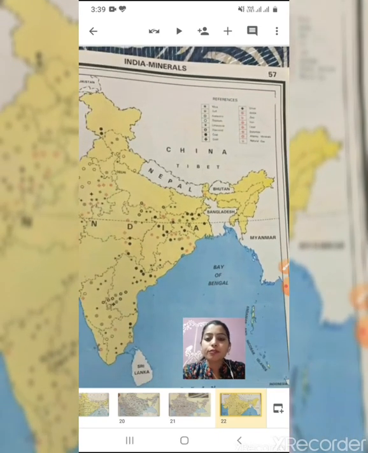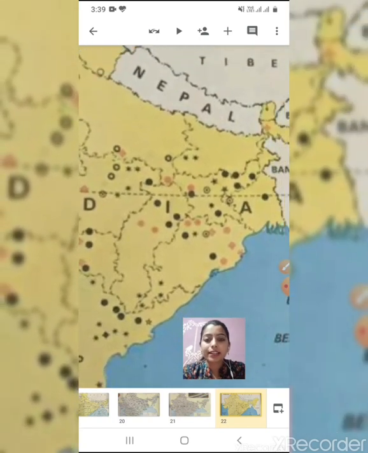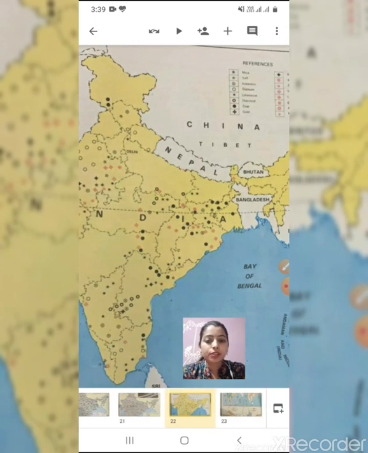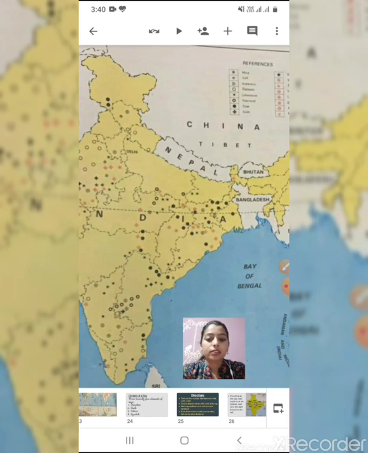So instead of writing that this area is having this thing and that area is having that thing, instead of writing the whole spelling, we put a symbol. That symbol denotes this. Alright, direction: you all know that on every map there are directions, north, east, west, south, like this.